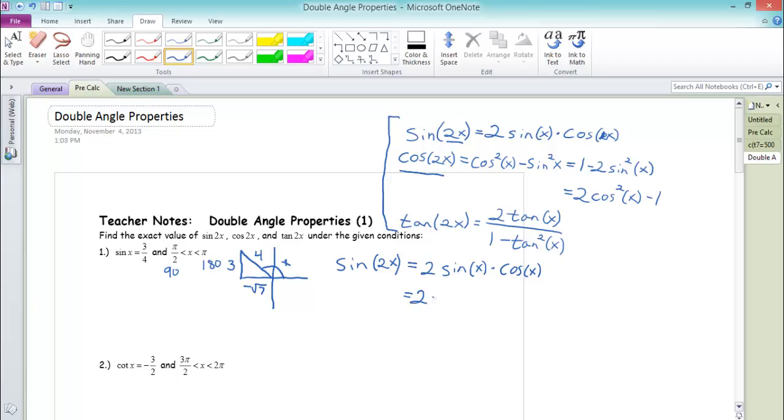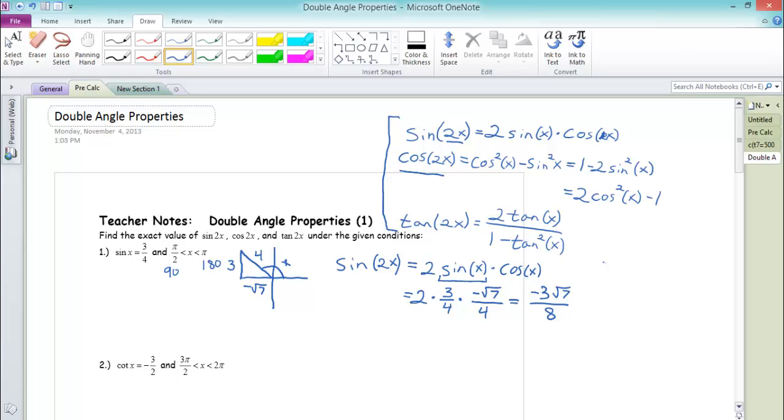So this is 2 times 3 over 4, and notice I replaced that sine x with 3 over 4. And then cosine, which we can figure out is adjacent over hypotenuse, so negative root 7 over 4. And when I multiply all this out, I am going to get negative 3 root 7 over 8. That would be the sine.